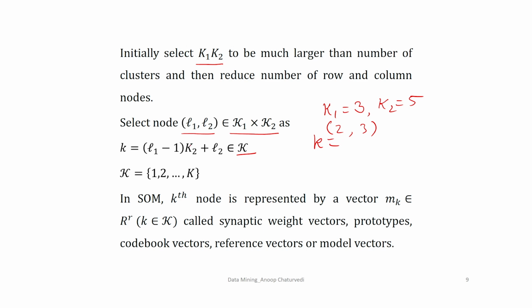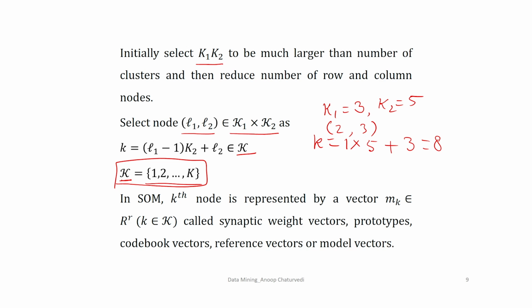L1 minus 1, that is 2 minus 1, or 1, into K2, 5, plus L2. L2 is 3. So, you have the 8th cell. Similarly, you can order the other cells also, and ultimately we take this K as the set of all cells 1 to capital K.